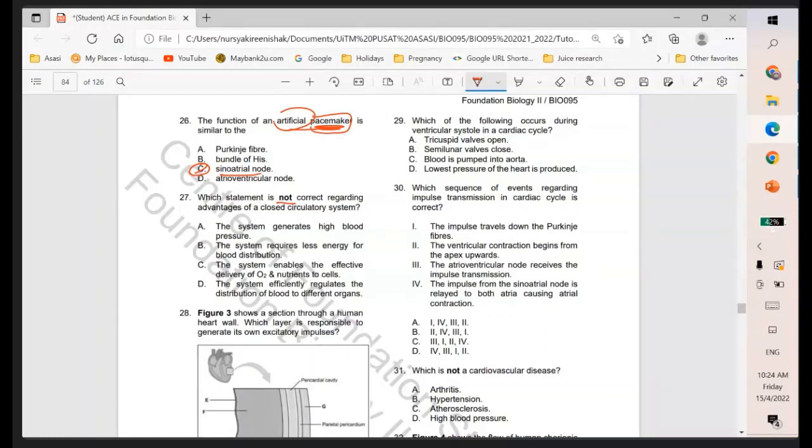Soalan, jawapan awak D. Which statement is not correct regarding advantage of a closed circulatory system? Not, dia cakap kat sini not advantage. Sepatutnya itu adalah advantage of closed circulatory system. Sebab apa? The system efficiently regulates the distribution of blood to different organs.